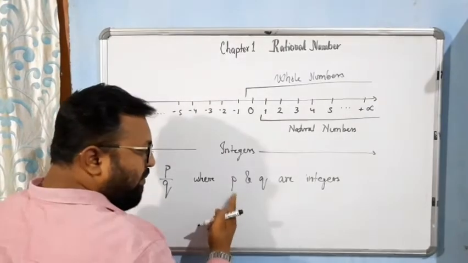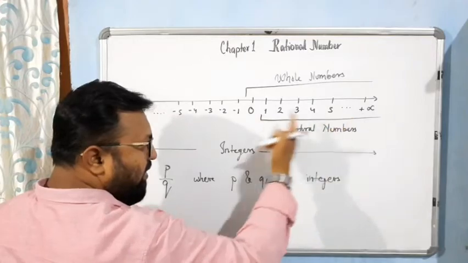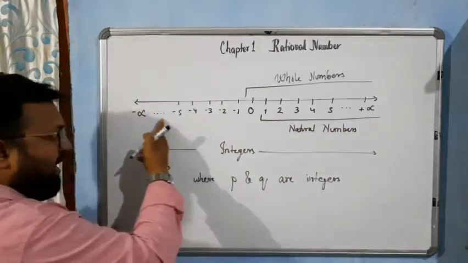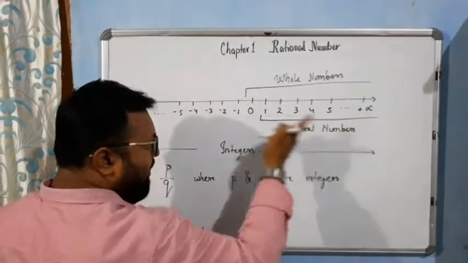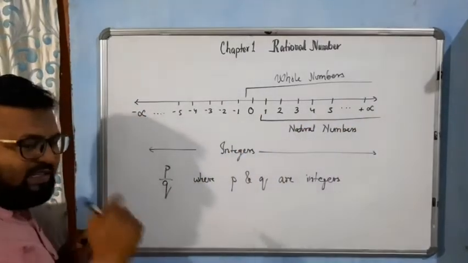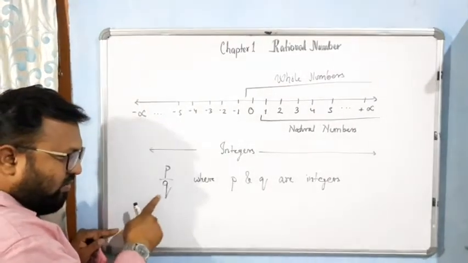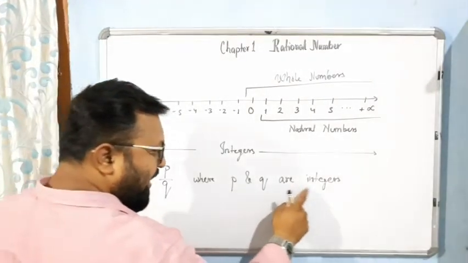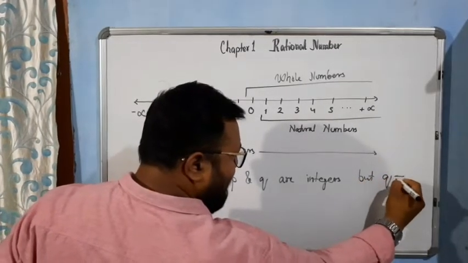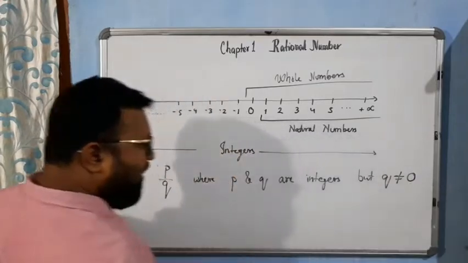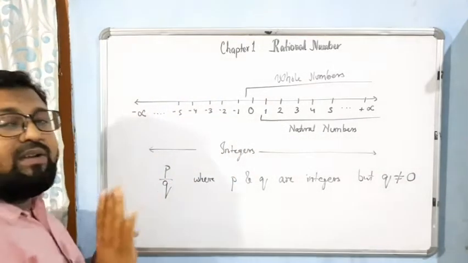It means P can be a positive number, 0, or negative number, and Q also, it may be a positive number, negative number, but one condition is given, that a number which can be expressed in the form of P by Q, where P and Q are integers, but Q is not equal to 0. It can't be equal to 0. Then only we can say that P by Q is a rational number.